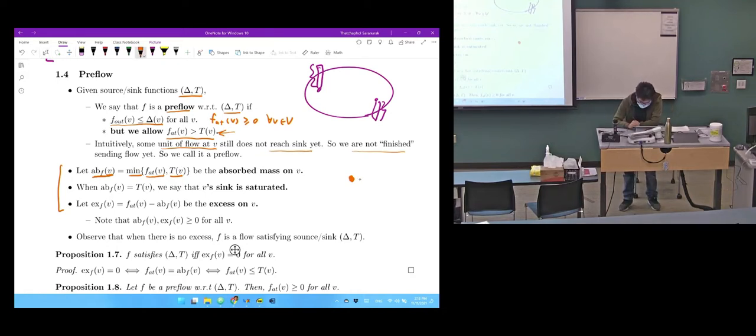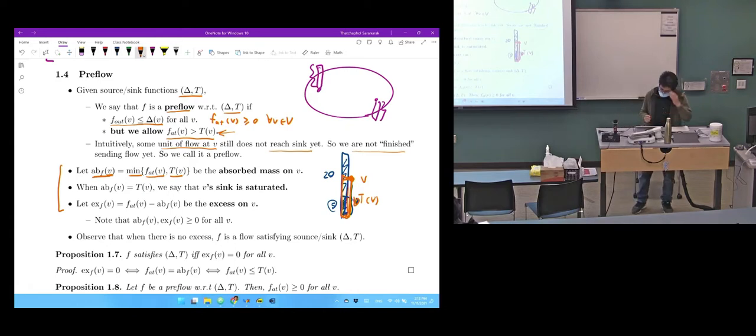So if this is v and you can absorb at most t of v, and you have this much mass, like 5 out of 10, then the absorb at v is 5. But if your mass is now like 20, you still absorb like 10 out of 20.